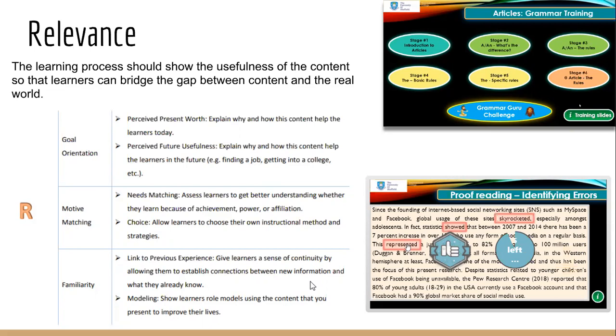Now, the one thing which isn't quite integrated into Guru from the relevance category is the needs matching. So assessing learners to get a better understanding of their learning. Now, I really want this to be the next improvement to Guru.